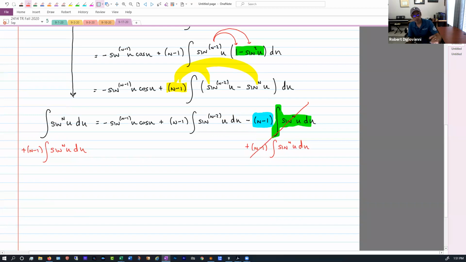It will go away on the right side. And on the left side, how many of those integrals do you have? Be careful. How many do you have right here? What's the coefficient out in front of that integral? 1. Okay, so I have one of those, right? And then I'm going to add to it, how many of them?